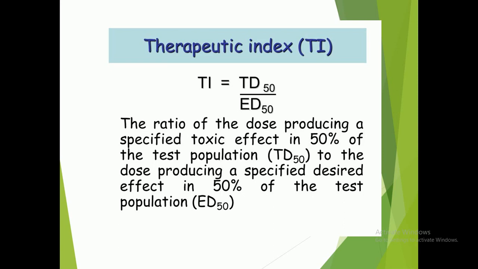Now let's suppose there is a drug which is available in two doses, 5 milligram and 10 milligram. The 5 milligram drug has a high therapeutic index.